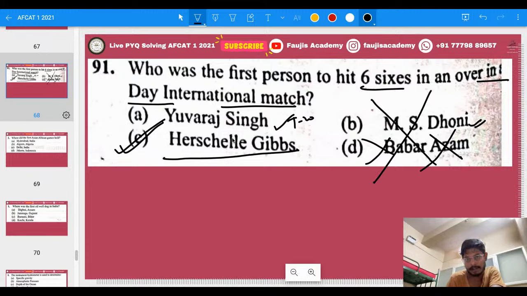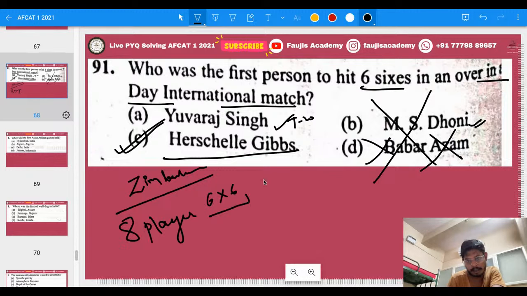He was the first player to hit six sixes in an over in an ODI, and the game was against Zimbabwe. In total, so far, there have been 8 players to hit six sixes in an over in international games.